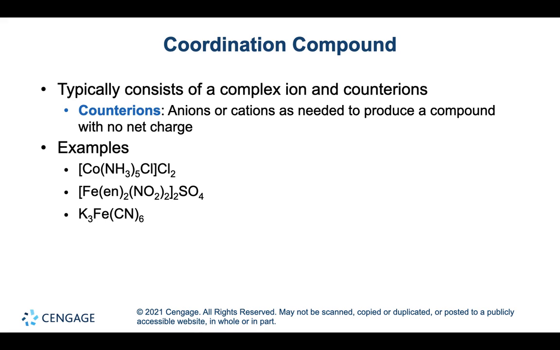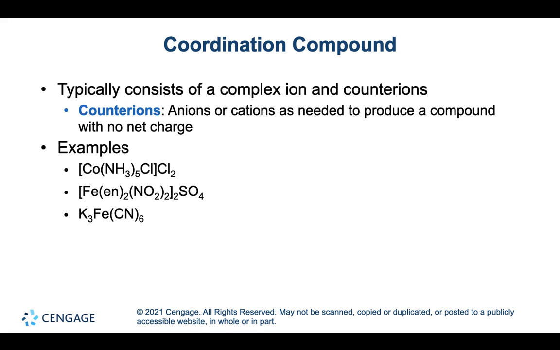Here we see iron, and it's bonded to 2 ethylenediamines, abbreviated en. It's also bonded to 2 nitrites, NO2- ions. And then the whole thing has a +2 charge. And so sulfate, -2, is the counter ion.